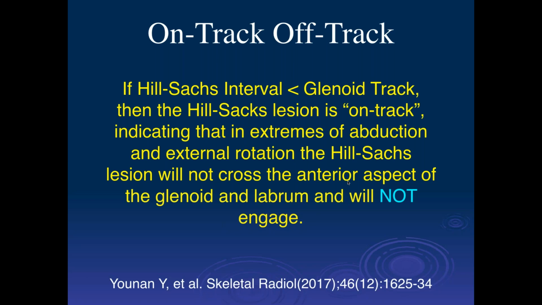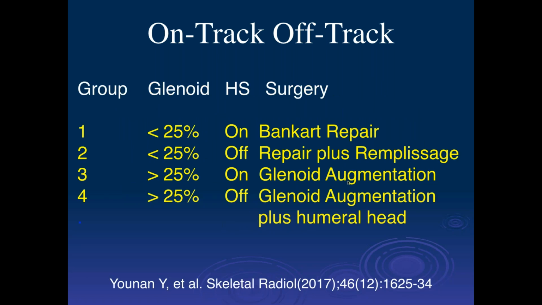Right. So a number of our surgeons, when they send people in, they want us to do these measurements, but not all of them, because a lot of people don't believe in it. But those who do, you basically divide the patients into 4 groups. There's a group where the percentage of the injury to the glenoid is less than 25% and you have an on-track lesion, which means that they're not engaging. And on these, they just do a straight Bankart repair.